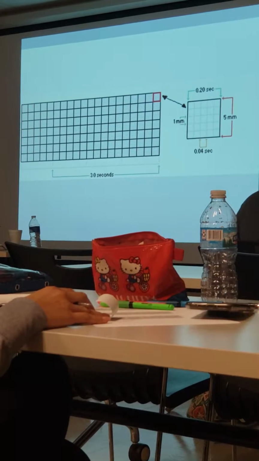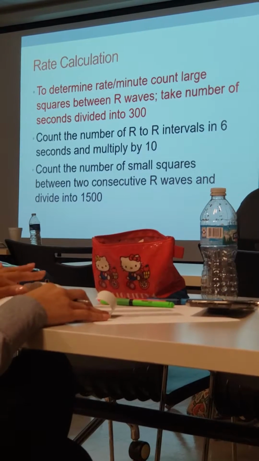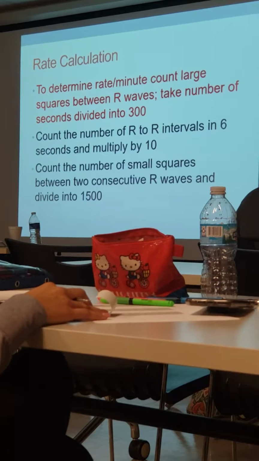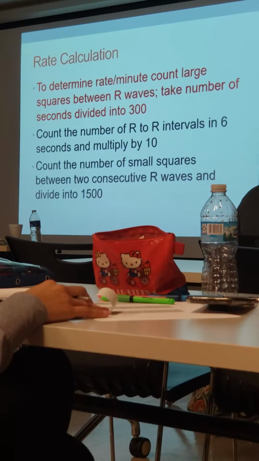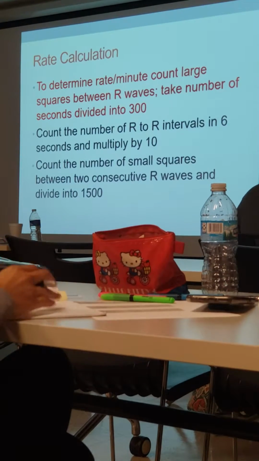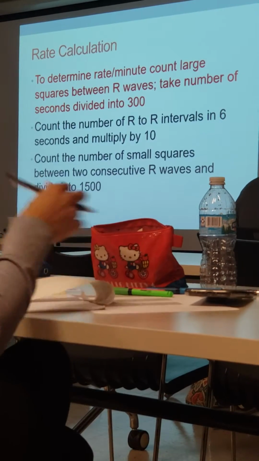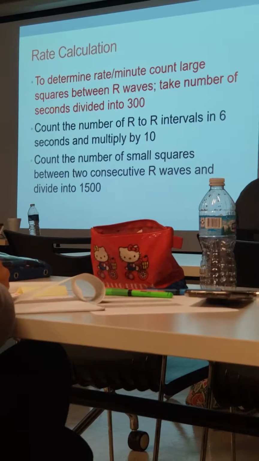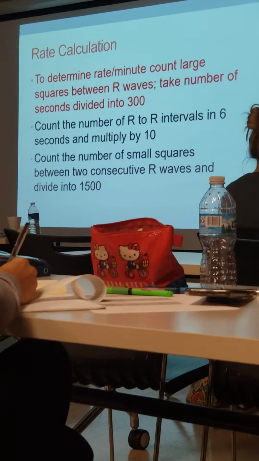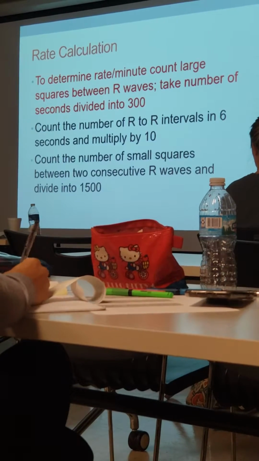If I am going to look at determining heart rate, what I really want you to do is determine rate by counting the number of large squares between 2 R waves, and then take that number and divide it into 300. So let's look at this piece of paper and say in this 6-second strip, I have 2 complexes right next to each other, and between the R waves, there are 2 big boxes.